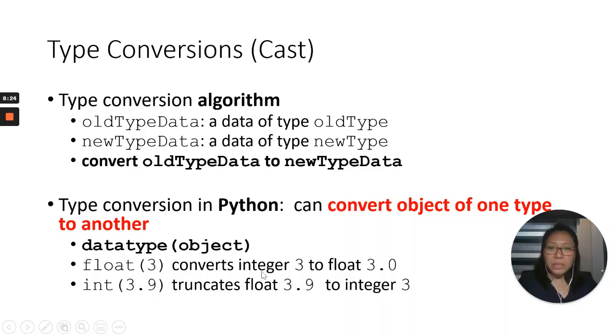So this one converts the integer 3 to float 3.0. In the second example, we have int 3.9, and this one truncates the float 3.9 to integer 3. Take note that type conversion does not round off. It truncates the decimal part.